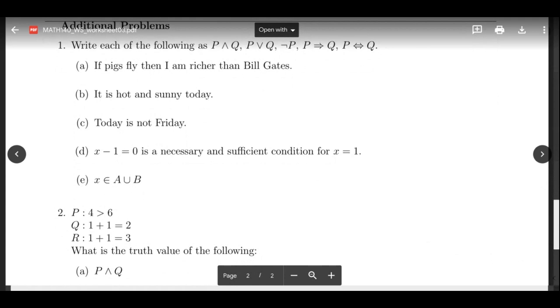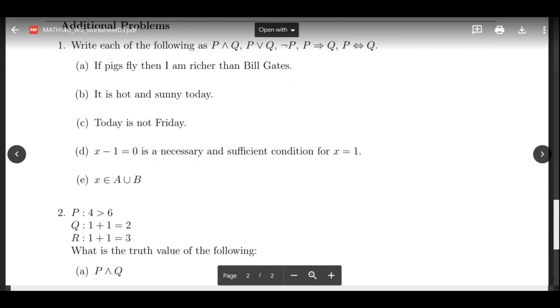Ajaiah, if I see your name wrong, let me know. So 1E is X belongs to the set A union B. Ajaiah, are you here? Oh, yes, okay.